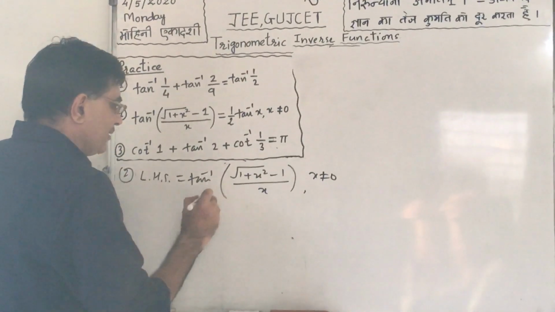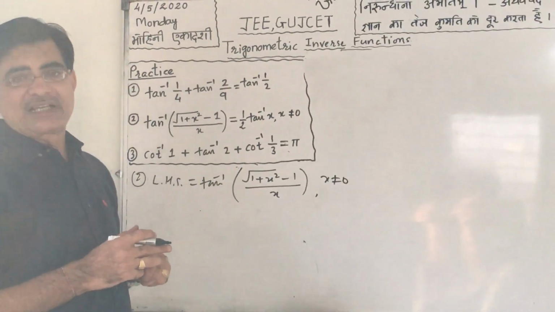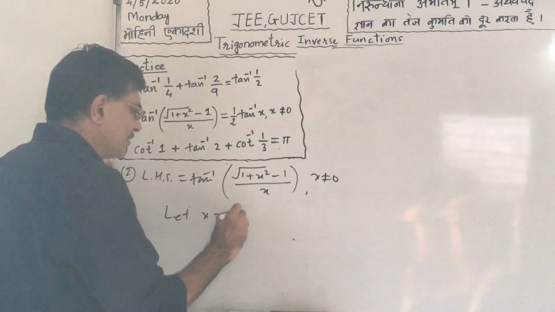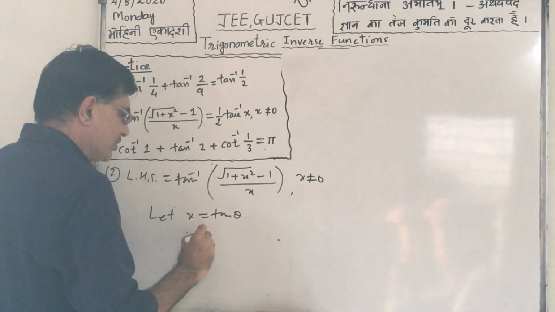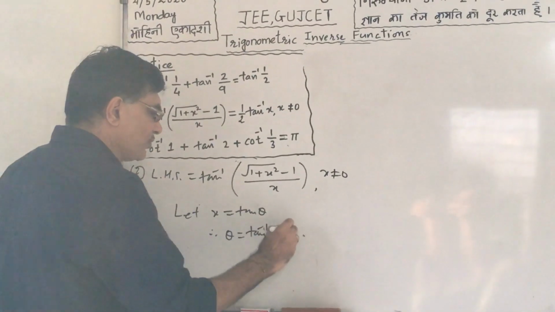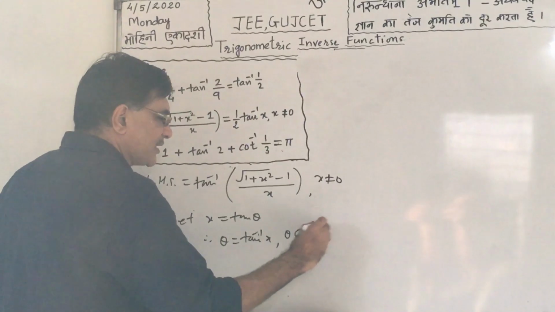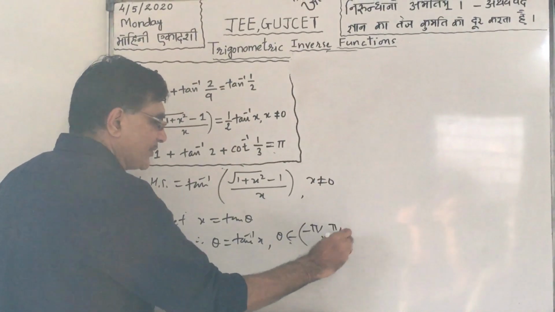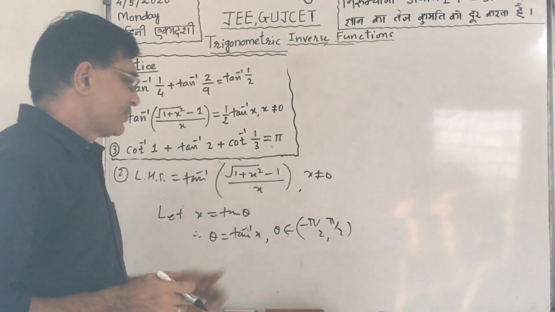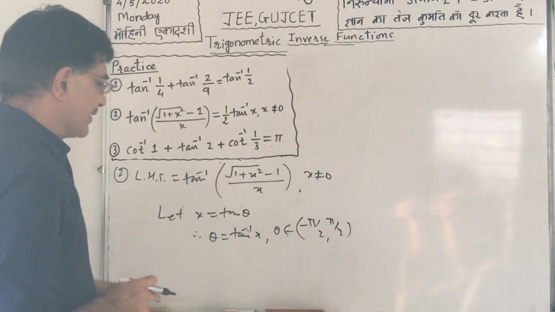Now we know that 1 plus tan square equals sec square, so we can assume x equals tan theta. Therefore theta equals tan inverse x, where theta belongs to the open interval minus pi by 2 to pi by 2. Obviously here x is not equal to 0, so we can get this result.